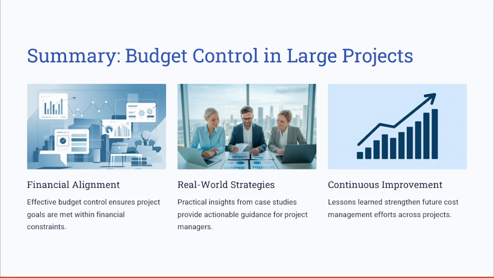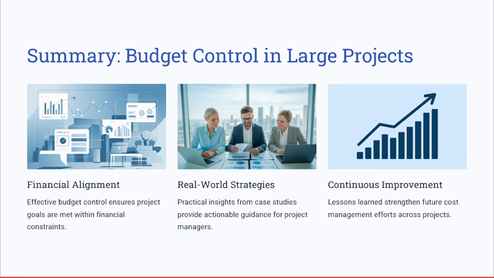And to summarize our session on how to have control over the budget in large projects, budget control in large projects requires a combination of strategic planning, real time monitoring, and effective collaboration with the stakeholders.